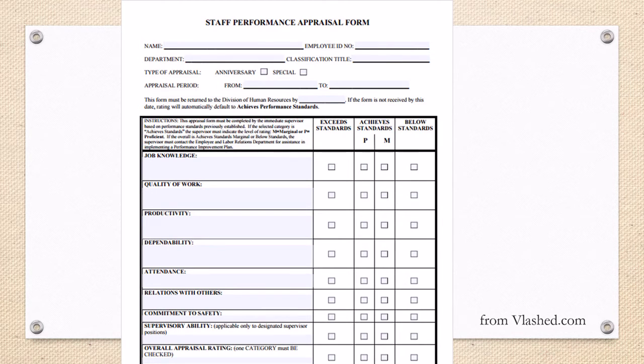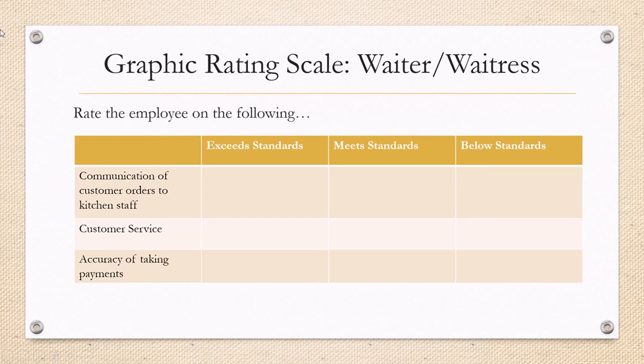One of the things you may or may not notice on here is that there is no indication of what the standards are. This is one of the biggest problems with graphic rating scales.